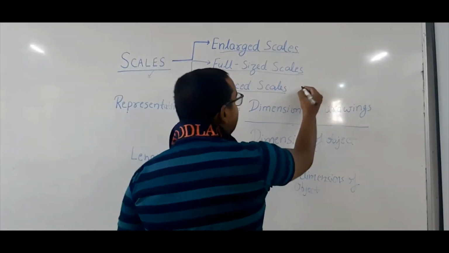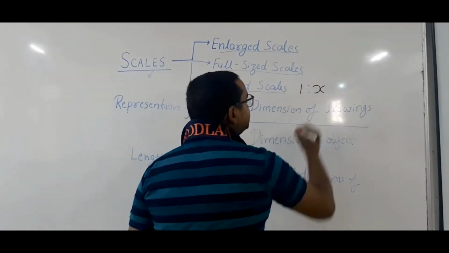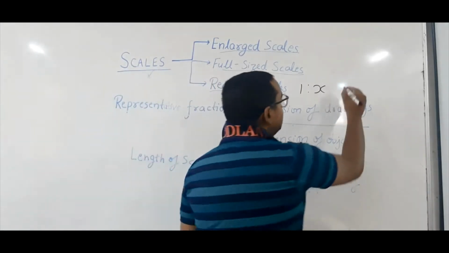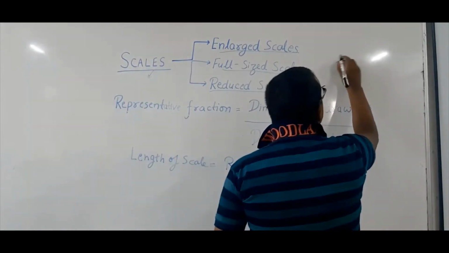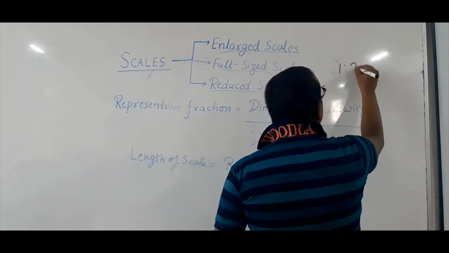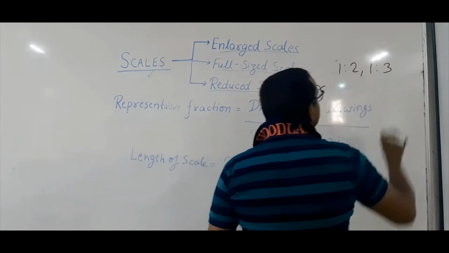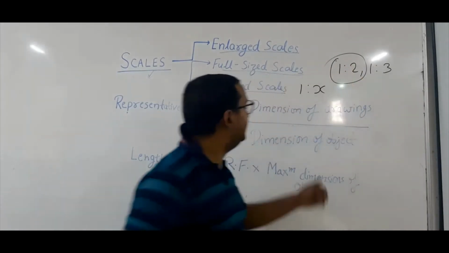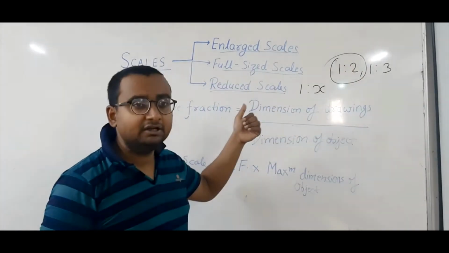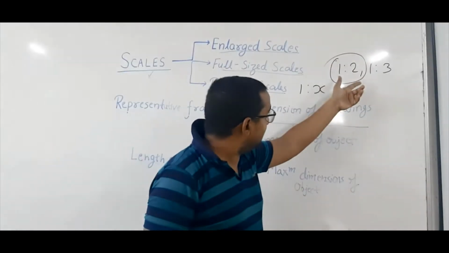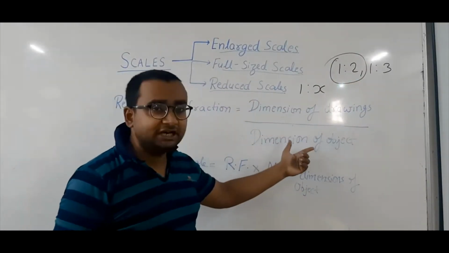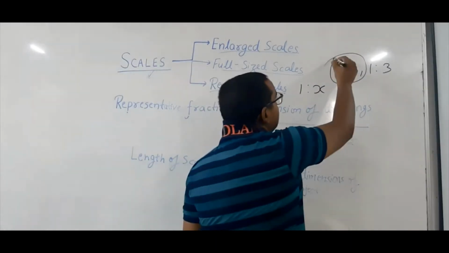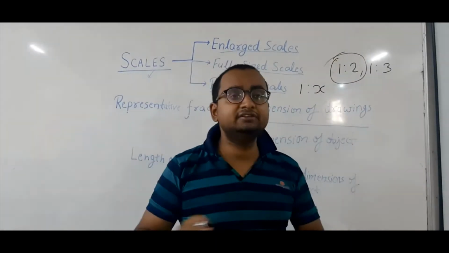In this case, the RF will be given as 1:x, where x can be any number like 2, 3, 4 and so on. Suppose RF is given as 1:2 in case of reduced scale. It means the object is drawn at half the size of the actual size of the object.